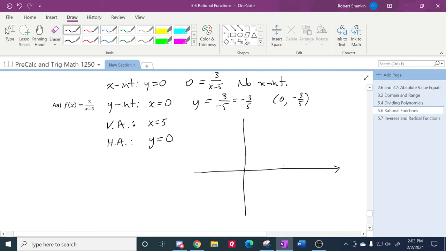Same problem we looked at earlier, but we hadn't had all the insights of horizontal asymptote yet.